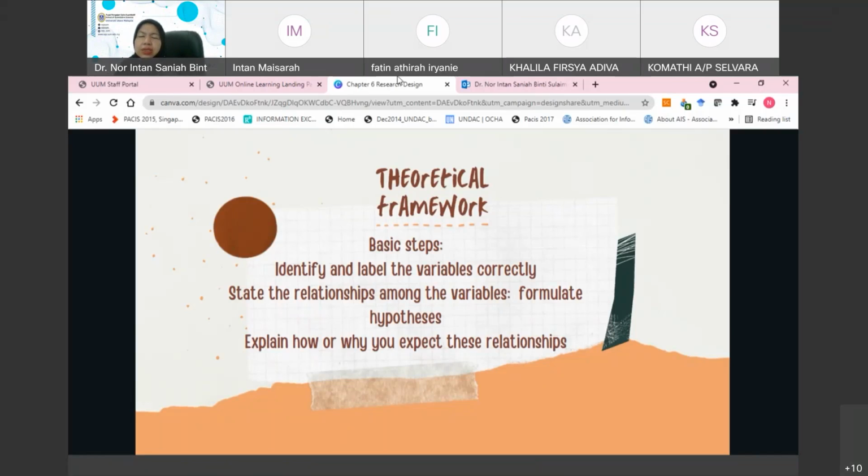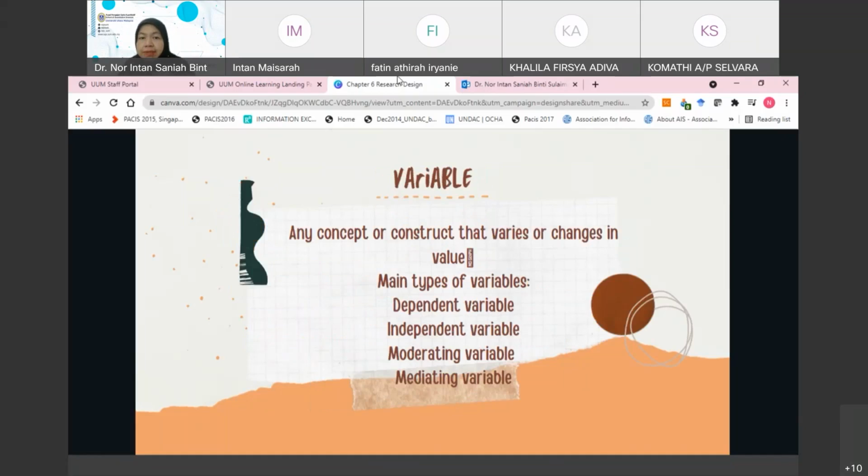So actually not really far different for quantitative or survey, but they are more on present through the hypothesis. Okay, so nampak macam senang lah madam. InsyaAllah senang.